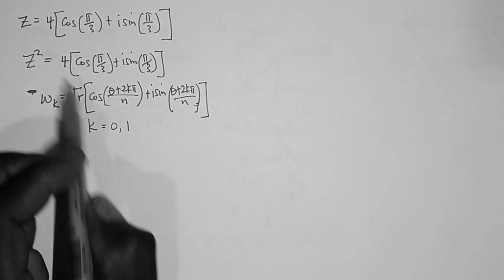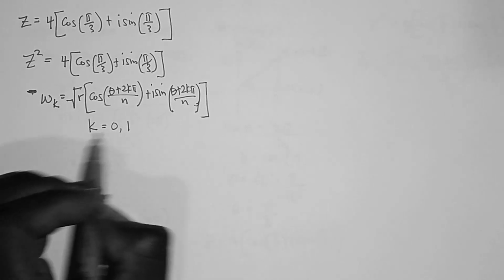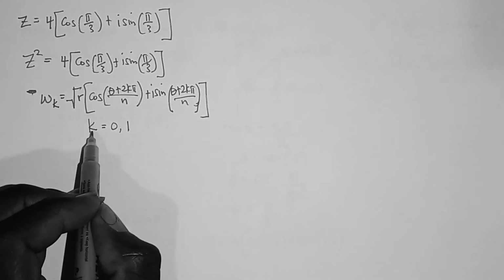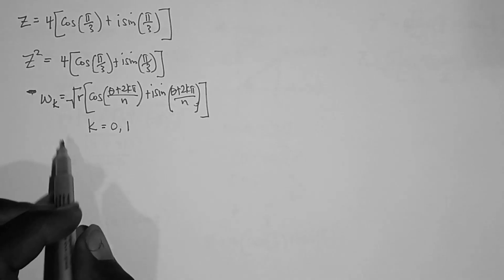In this case, 2 minus 1 is 1, so that means that the values of k will only be k equals 0 and k equals 1.